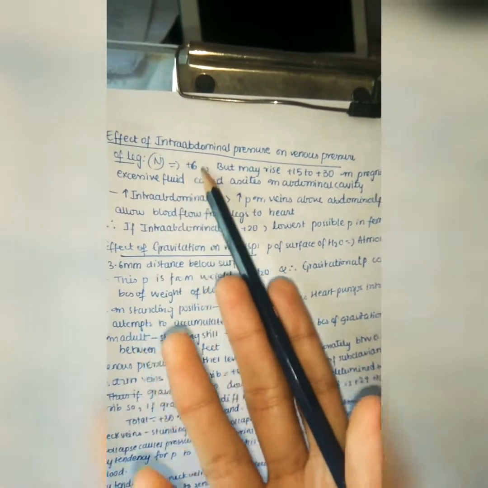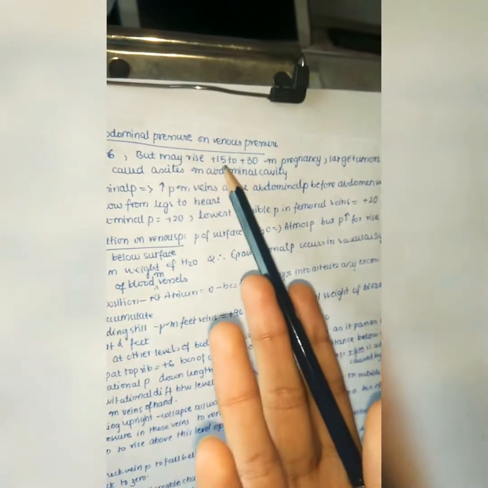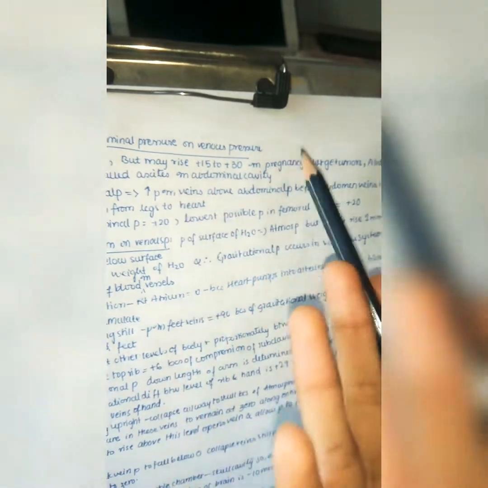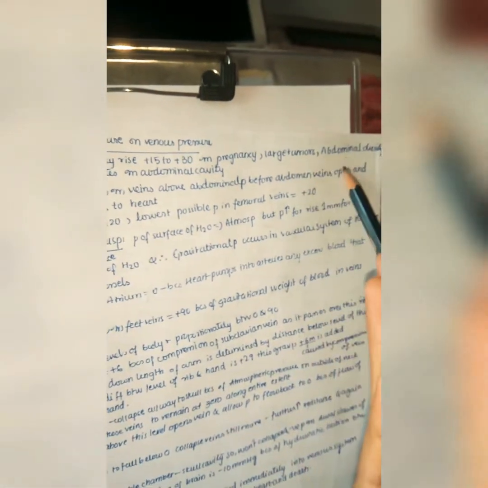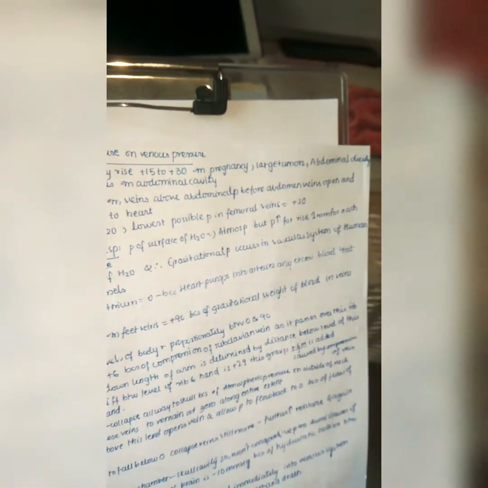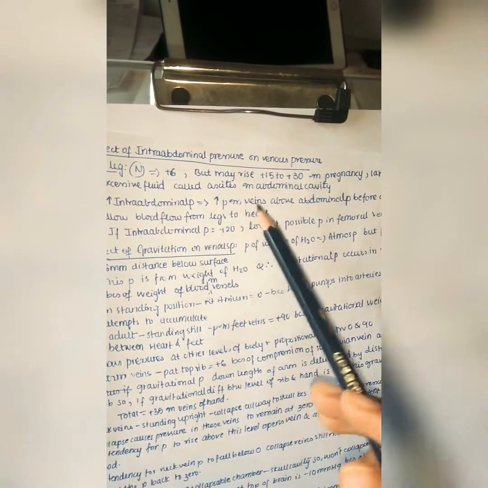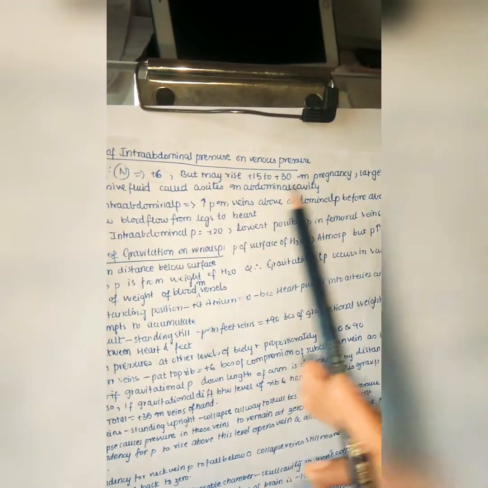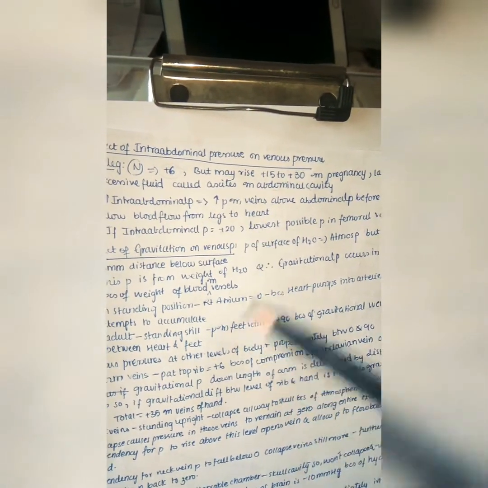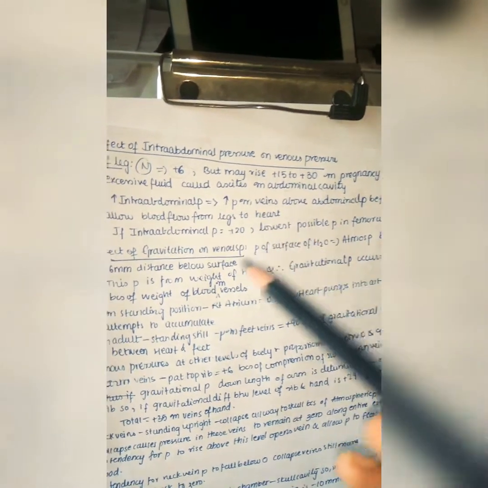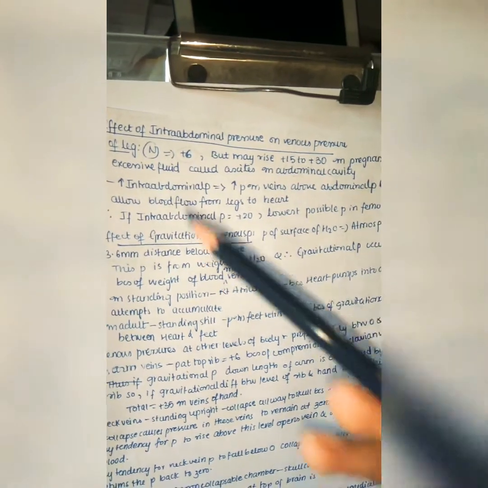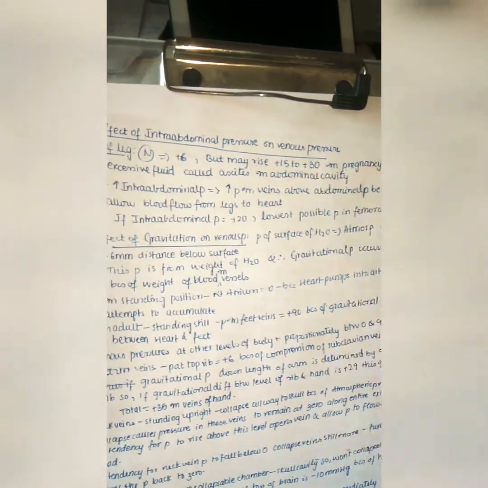Its normal value is +6, but sometimes it may rise from 15 to 30 in the case of pregnancy, large tumors in the abdomen, abdominal obesity, or excessive fluid caused by ascites in the abdominal cavity. Ascites means a lot of fluid is accumulated in the abdominal cavity. Because of all these conditions, the intra-abdominal pressure may increase.